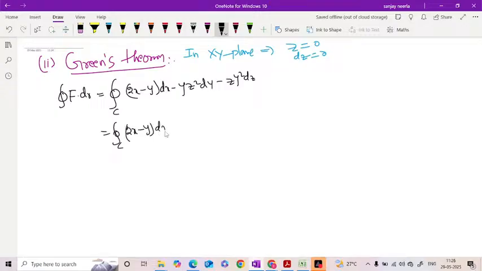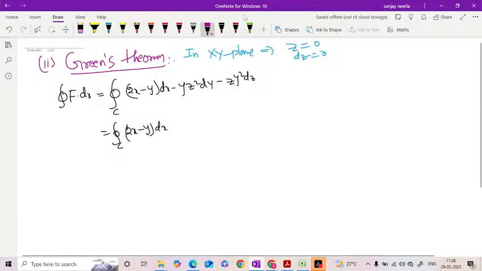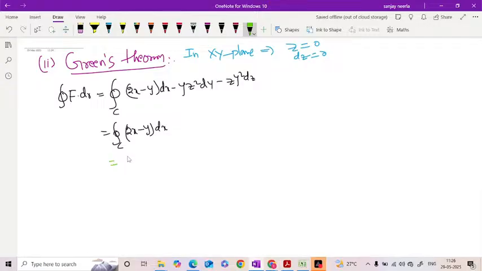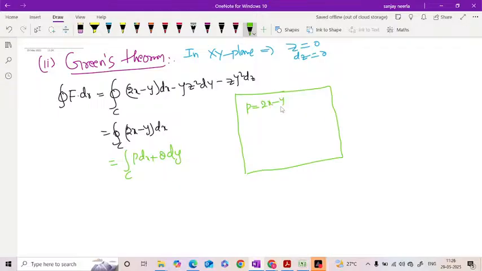Now come to the statement of Green's theorem: the line integral of p dx plus q dy. But here what is p, what is q? P is equal to 2x minus y and q is equal to 0.